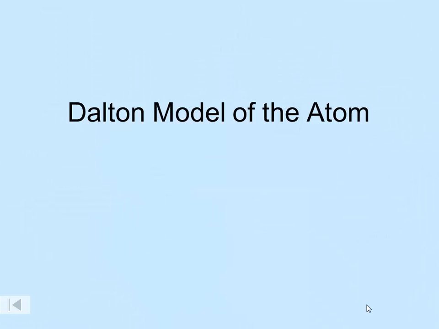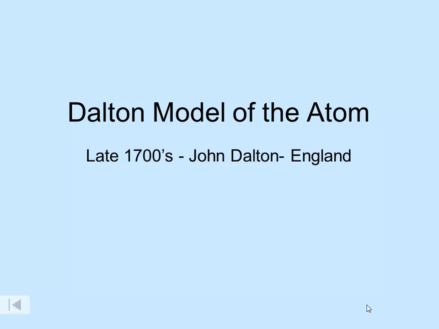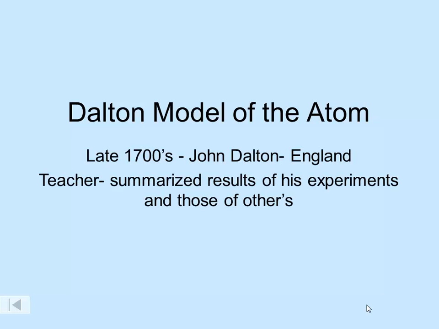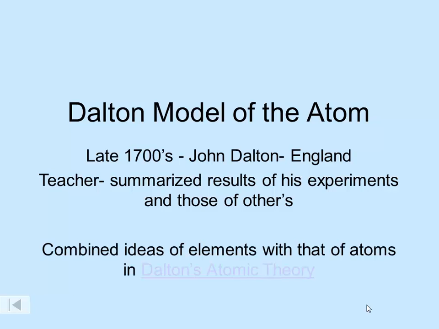So, until John Dalton, a chemistry teacher in England, in the late 1700s, he took a lot of different experiments from different people all around his country and elsewhere, and put them all together. And he came up with the idea of his, which is closest to the modern idea. It was the modern idea at the time, excuse me.